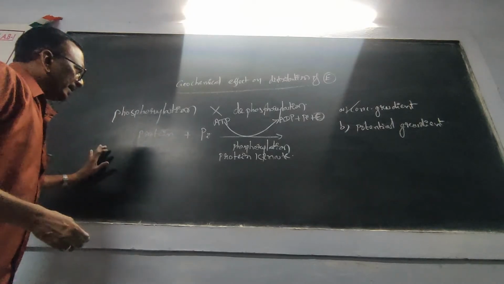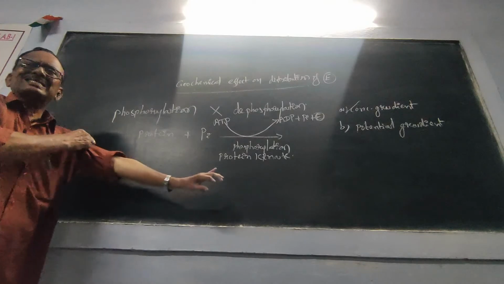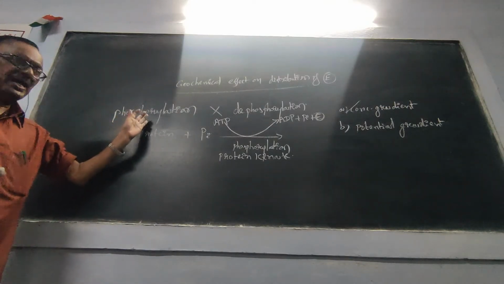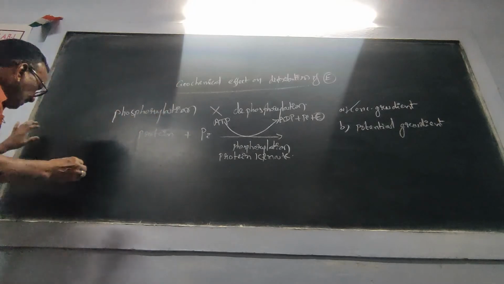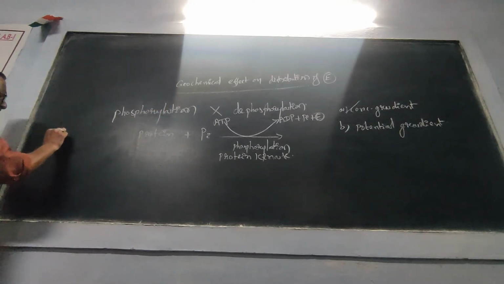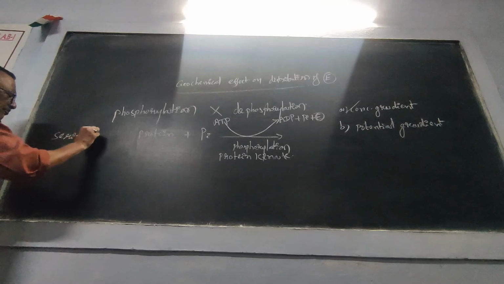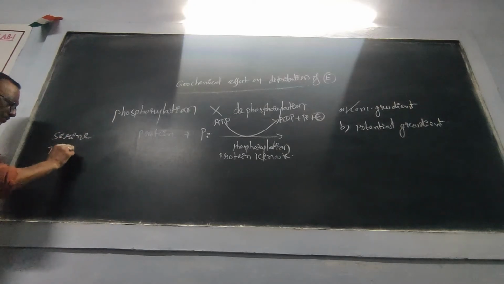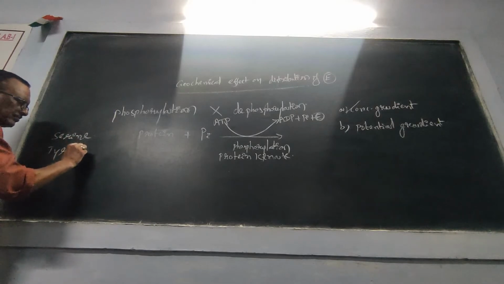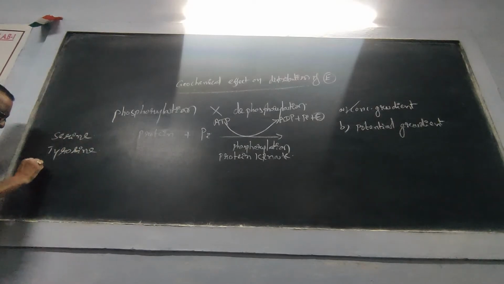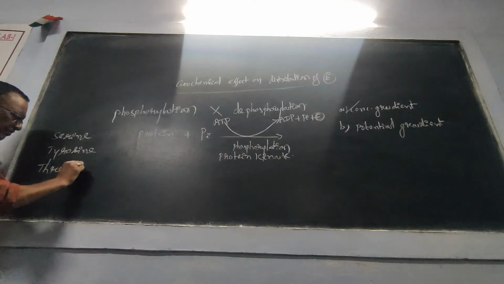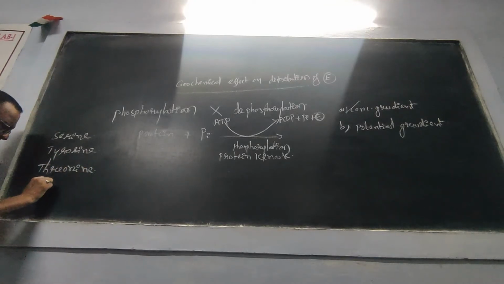Now, generally, which amino acids are participating in this phosphorylation and dephosphorylation? Just remember four: one is serine, then tyrosine, then threonine, and the last one, histidine.